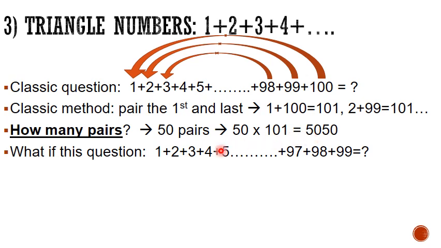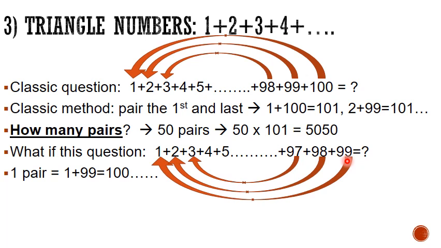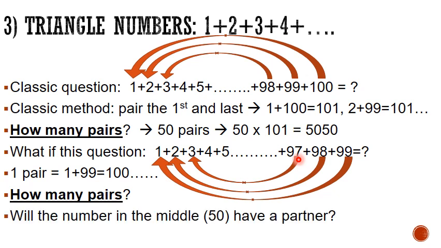But what if the question is like this? 1 plus 2 plus 3 plus 4 plus 5 all the way to plus 99 only. Then one pair will have 100: 1 plus 99, 2 plus 98, 3 plus 97, and so on. But how many pairs will there be? 99 divided by 2, would they have 50 pairs or 49 pairs or 49 and a half pairs? And the number in the middle, number 50, will it have a partner?